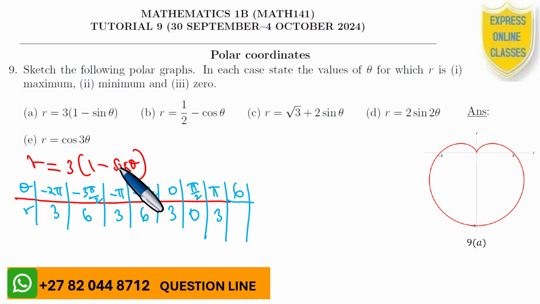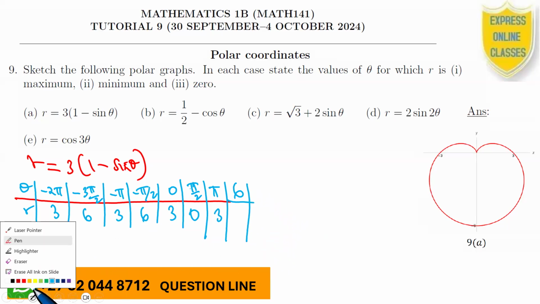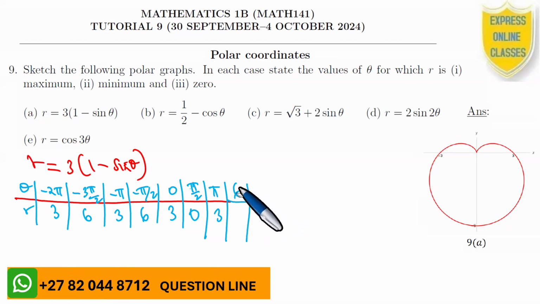Because if you put minus 1 at 3 pi over 2, negative times negative 1 becomes 1. 1 plus 1 is 2, times 3 is 6. Here I mean 3 pi over 2, 6. 2 pi radians, 3.